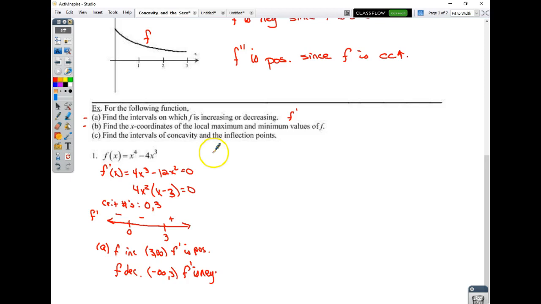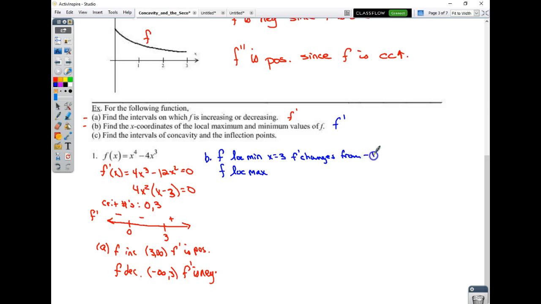Part B, I'll do that in blue, is asking for the x-coordinates for the local min and local max. So we need to know when f has a local min and when f has a local max. Again, this is another f prime question. So f has a local min when f prime changes from negative to positive. That only happens at x equals 3.